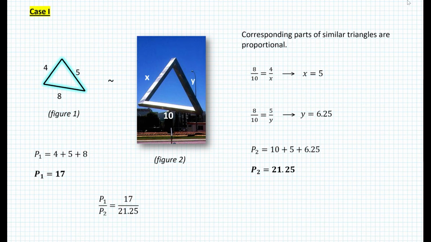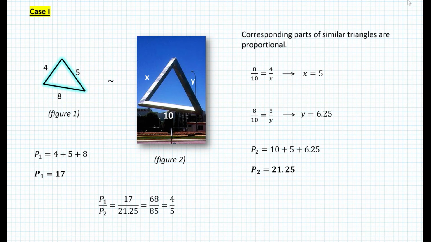If we compare the first perimeter of 17 over the second perimeter of 21.25, and multiply the numerator and denominator by 4 to get rid of the decimal in the denominator, we end up with a fraction of 68 over 85. And that can be simplified to 4 over 5.